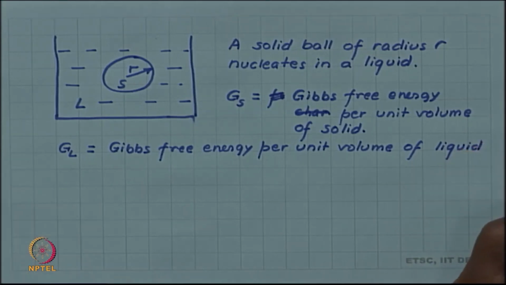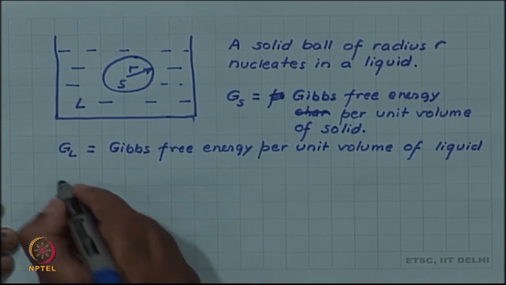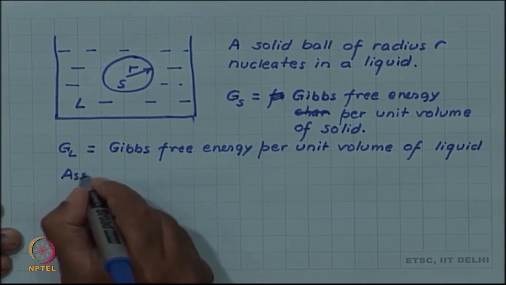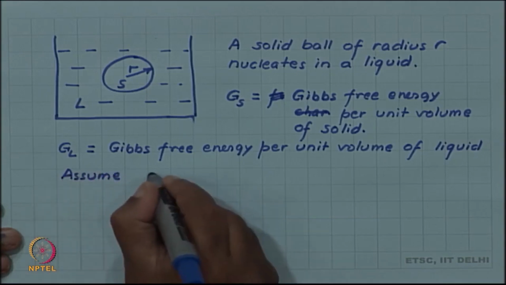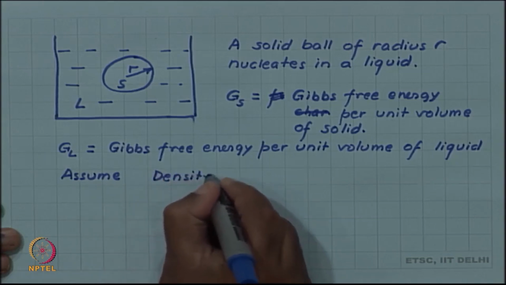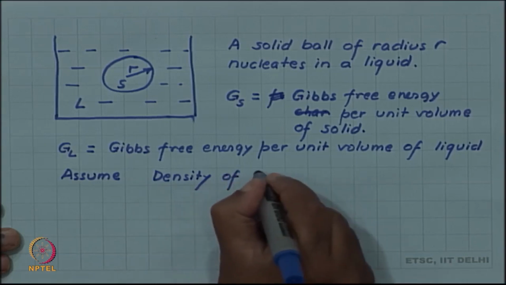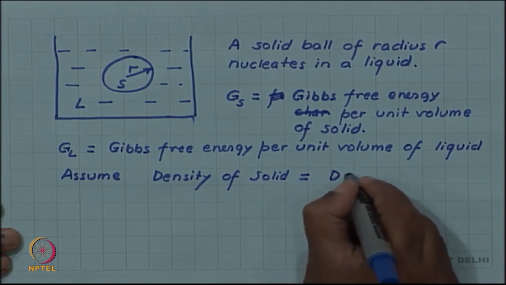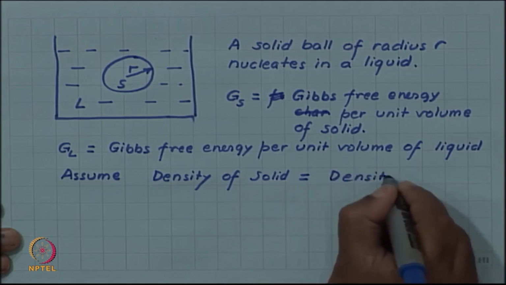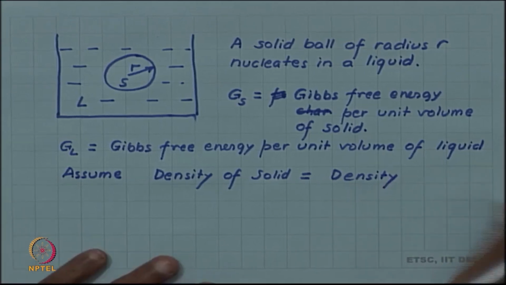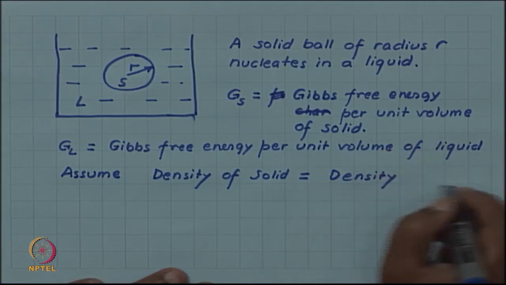And let us for simplicity assume that there is no density change, that is, density of liquid is equal to density of solid. This assumption is not essential, but it will keep the mathematical development simpler.